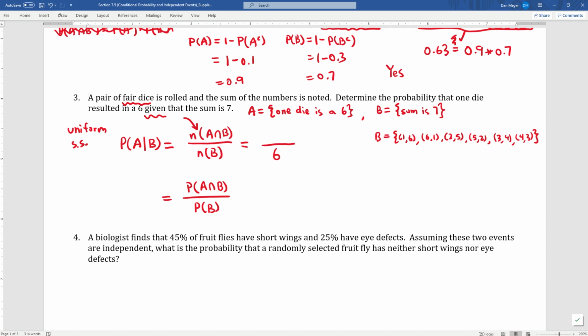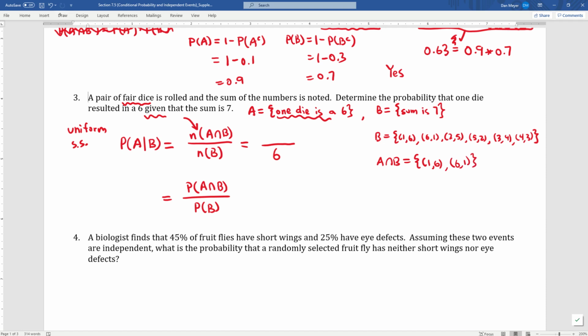For A intersect B, we don't even really need to write down A. We can just look at all the things in B and see which ones have one die as a 6. A intersect B is 1 and 6, and 6 and 1. I didn't want to write down A because A was going to have too many things.